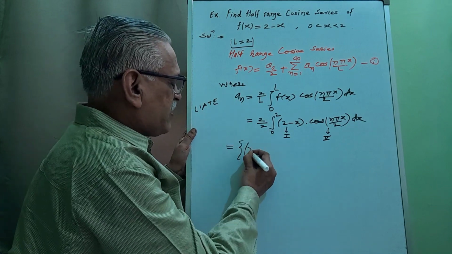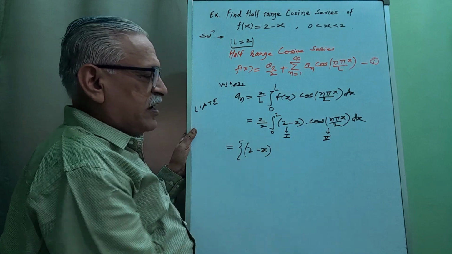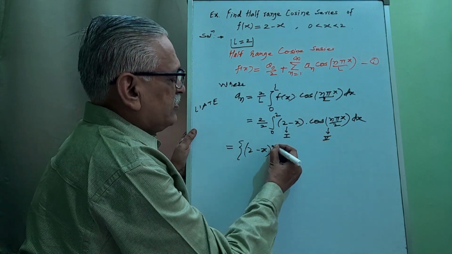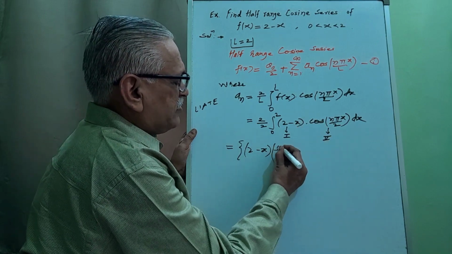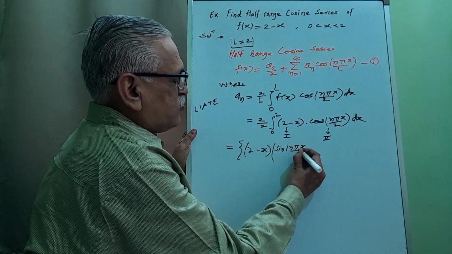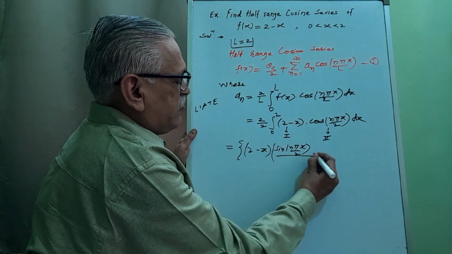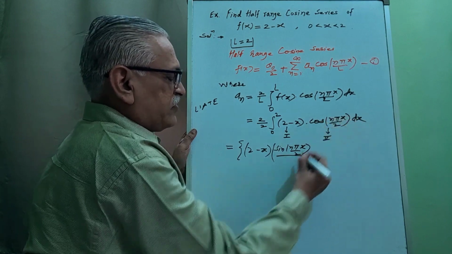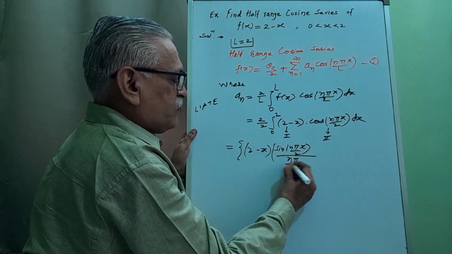Therefore, the first term is 2 minus x. Integration of cos is sine of n pi x by 2 divided by the coefficient of x, which is n pi by 2.